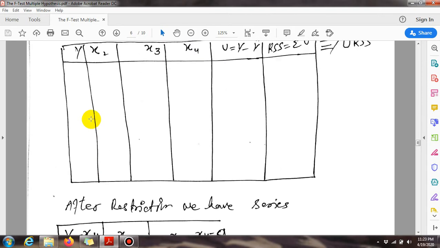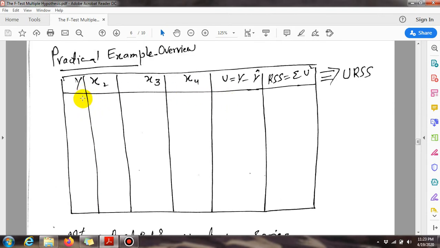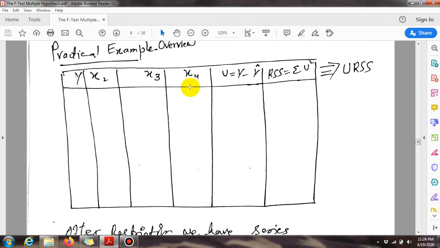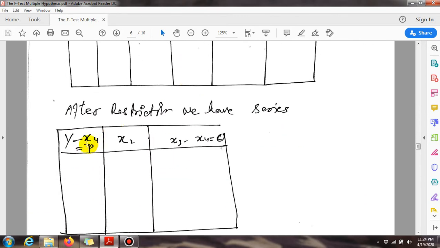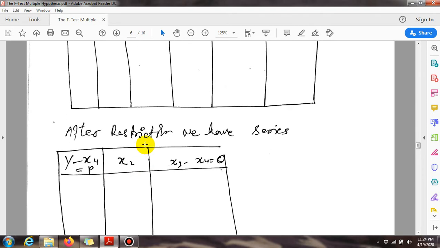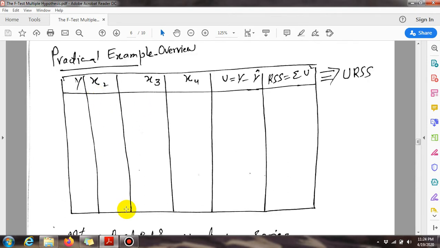So this shows that you have to subtract x4 from y and get a new series and name this series p, and x2 will remain the same as it is.